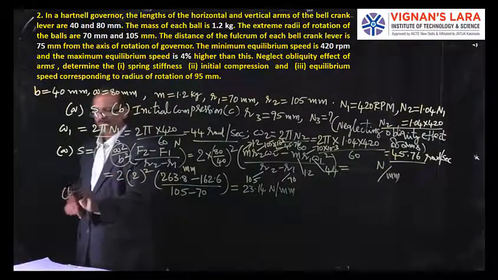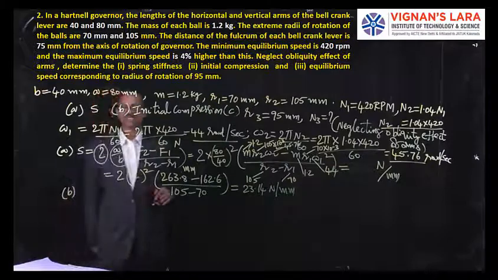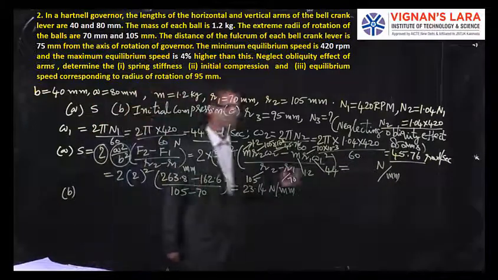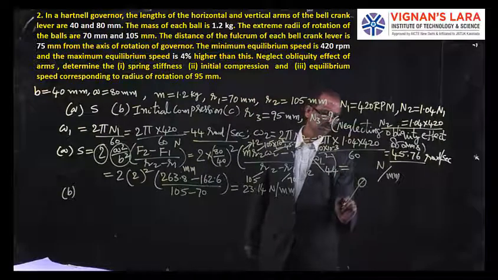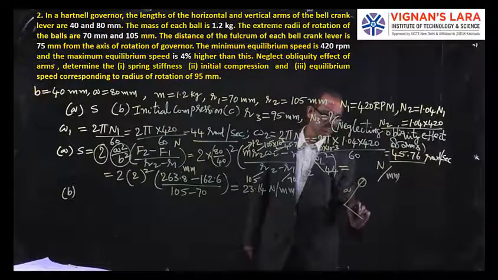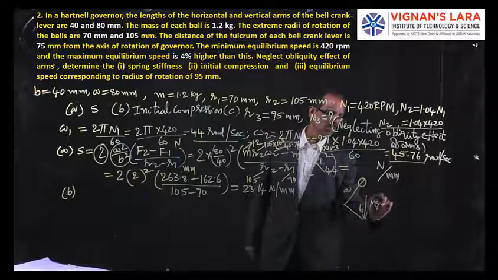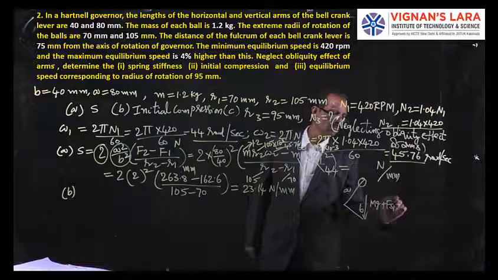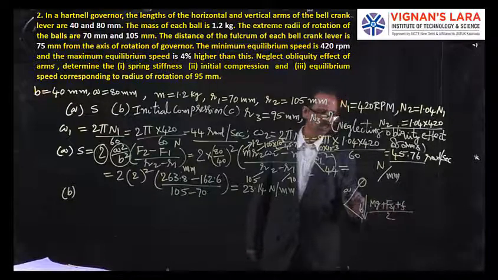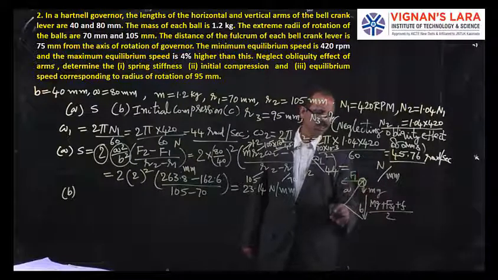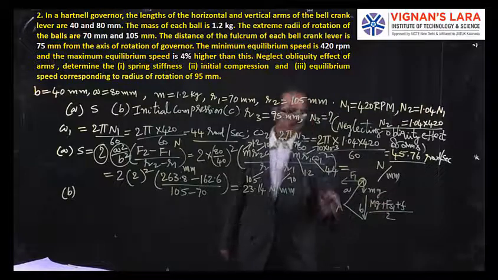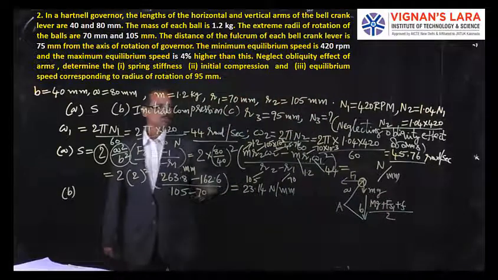Then B bit, similar to the previous case. I will take a case where this is A, this is B, and this is mg plus Fs1 plus F by 2, and here mg, F1. So similar lines to what we did in the previous problem.